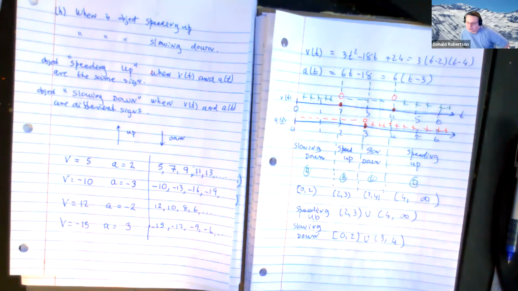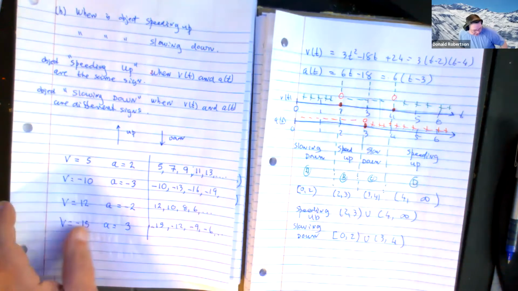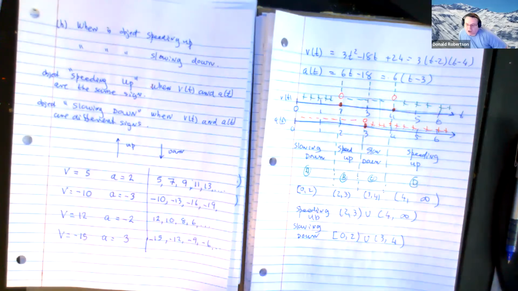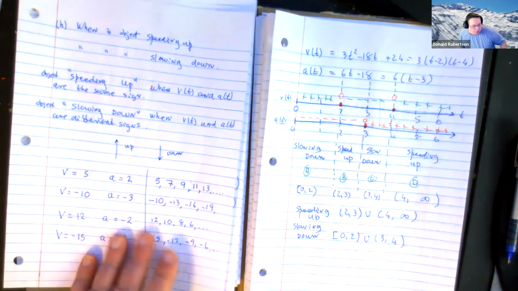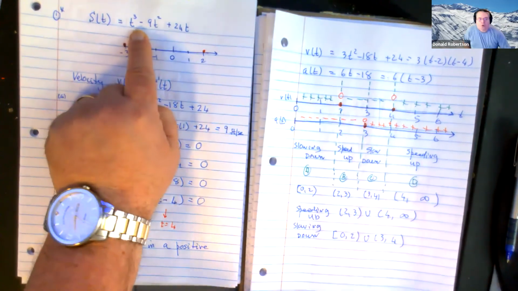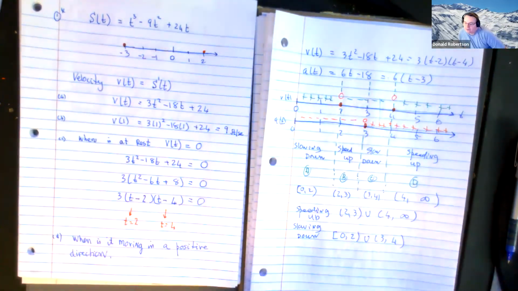It's a long question, wasn't it? What that tells me is that I know pretty much everything you could possibly want to know about that moving object, when the only thing that I started with was its position function. And that's just the power of calculus.